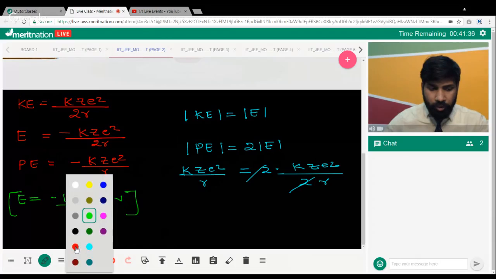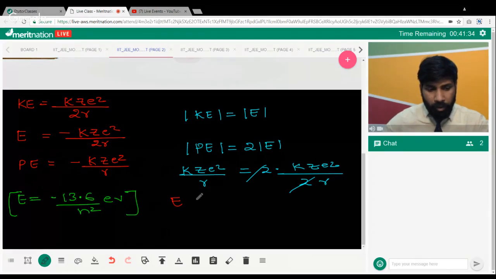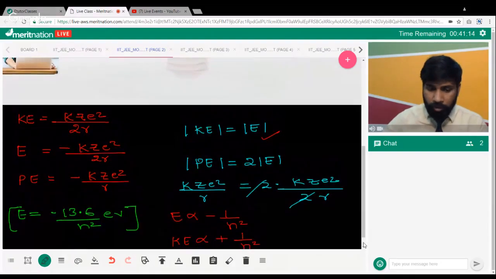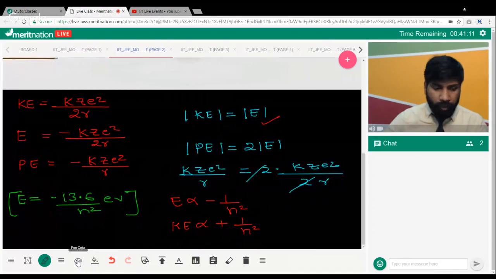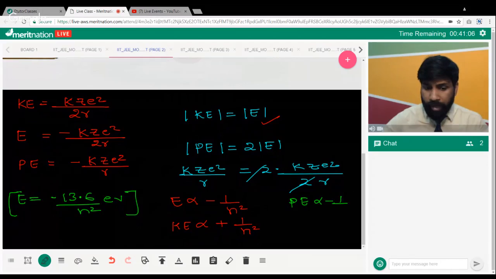From this relation, E is directly proportional to minus 1 by n². The magnitude of total energy is equal to the magnitude of kinetic energy, so kinetic energy is directly proportional to plus 1 by n². And potential energy is directly proportional to minus 1 by n². We can use these three relations for the above numerical.